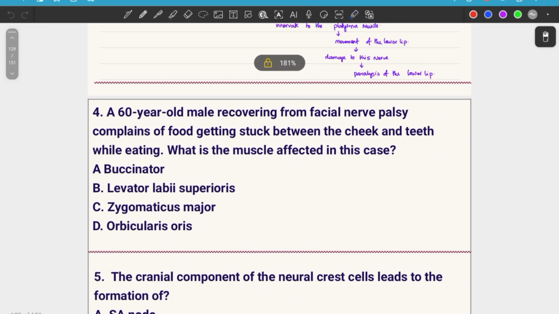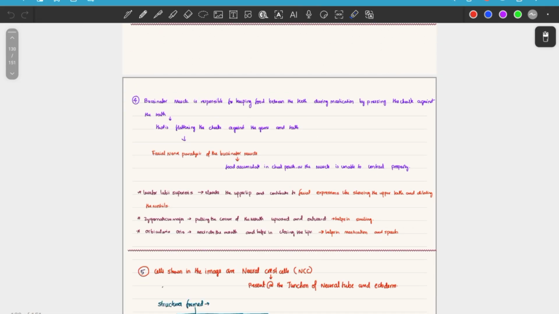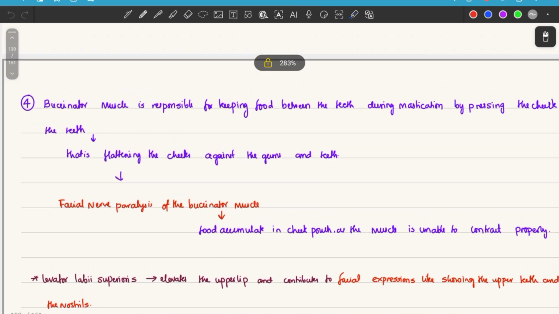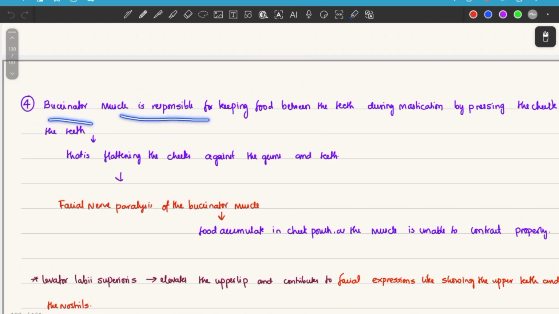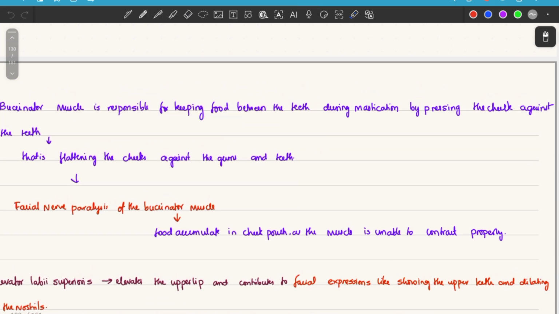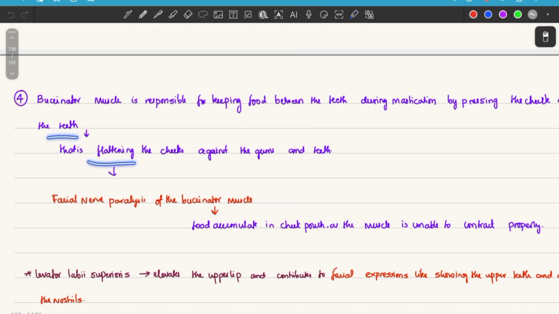Okay, this is by the buccinator muscle. Let me show you the explanation. The buccinator muscle is responsible for keeping the food between the teeth during mastication by pressing the cheek against the teeth. Okay, that is flattening of the cheek against the gum and teeth.